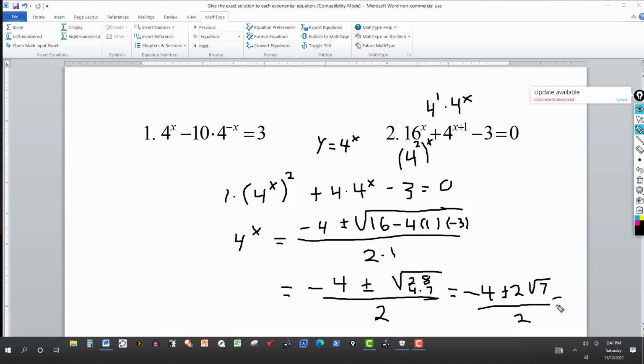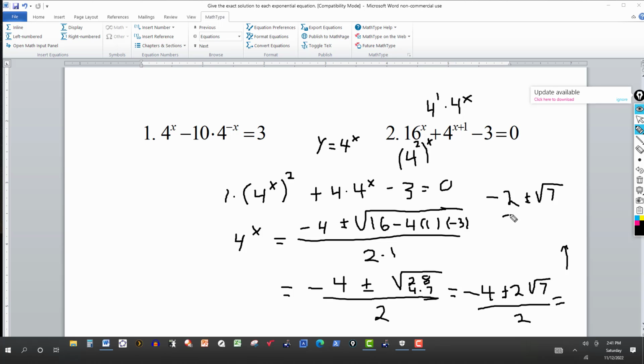And then here we can divide by 2. 2 goes into negative 4 and 2 goes into 2. So let's rewrite this up here as minus 2, 2 into negative 4, and then 2 into 2 is 1. So let's just leave it as plus or minus 1, or just the square root of 7.